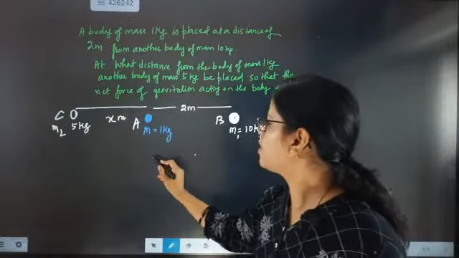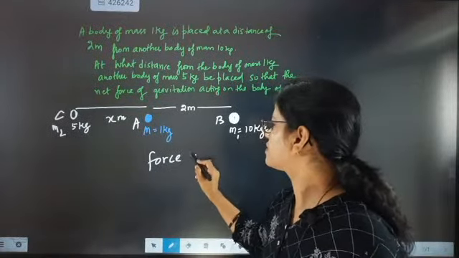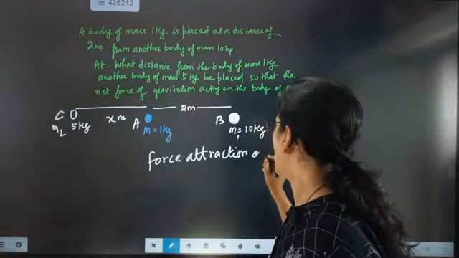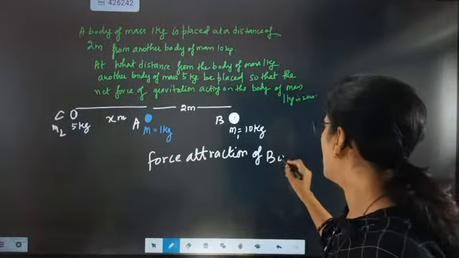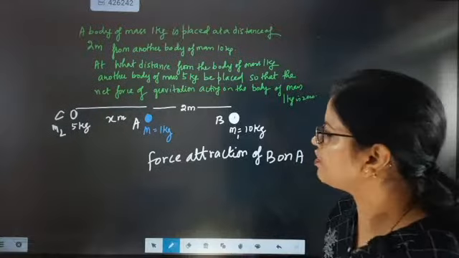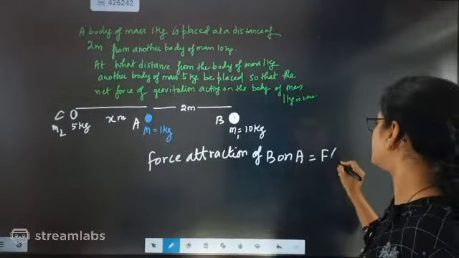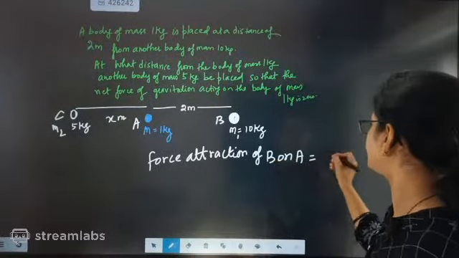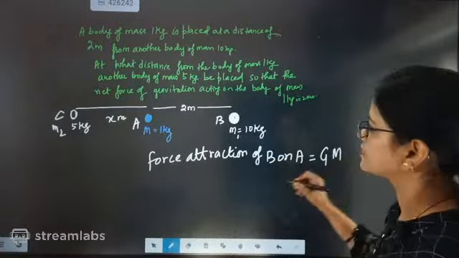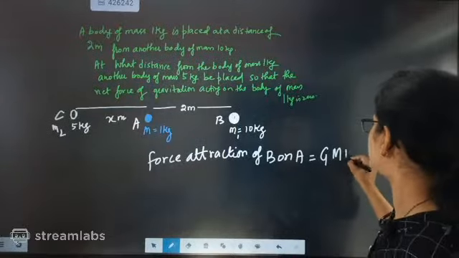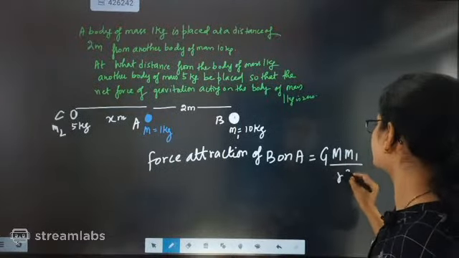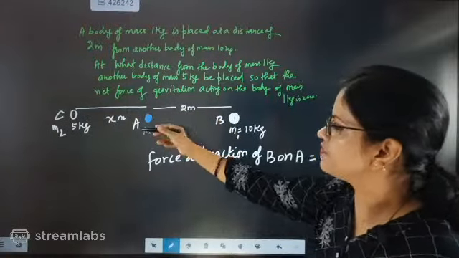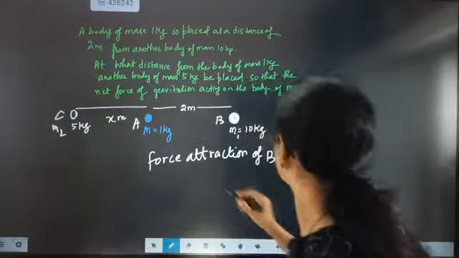So we can say that the force of attraction of B on A is equal to G M m1 by r square. The distance is given, and here we have taken r as x.